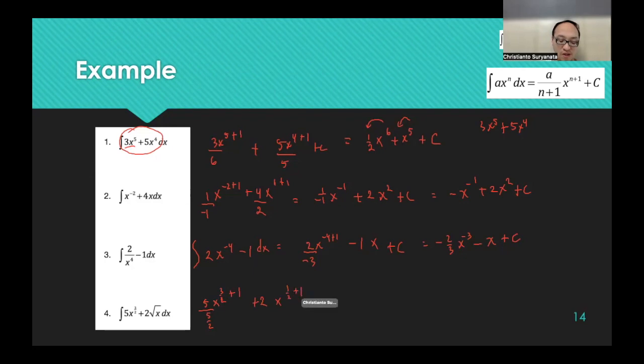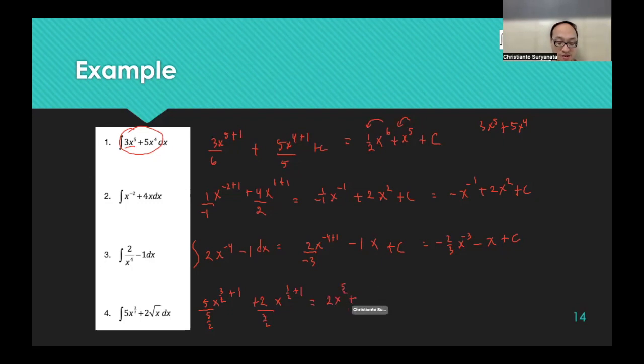So this is plus 1 divided by half plus 1, which is 3 over 2. So the result will be 2x to the power of 5 over 2 plus 4 over 3 x to the power of 3 over 2 plus c. This is the answer.